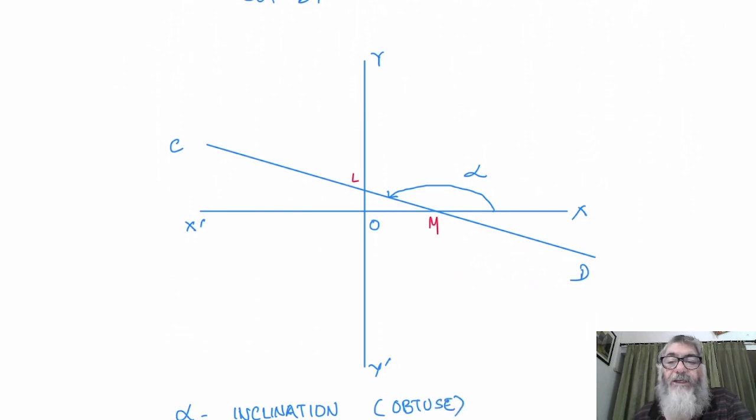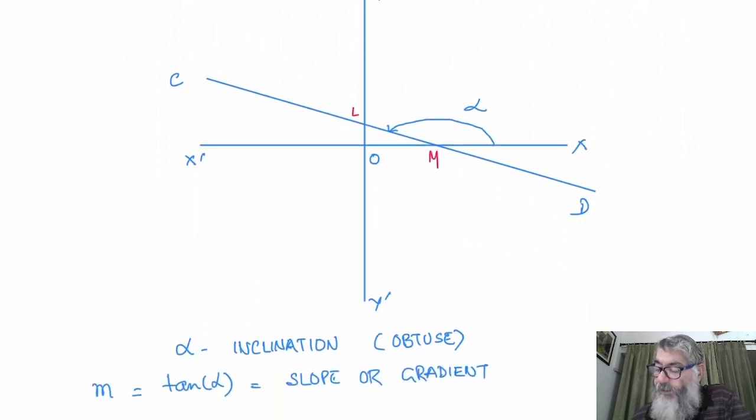Alpha looks to be greater than 90 degrees. Tan alpha is m. It is called slope or gradient, one and the same thing. It is the gradient of the line.